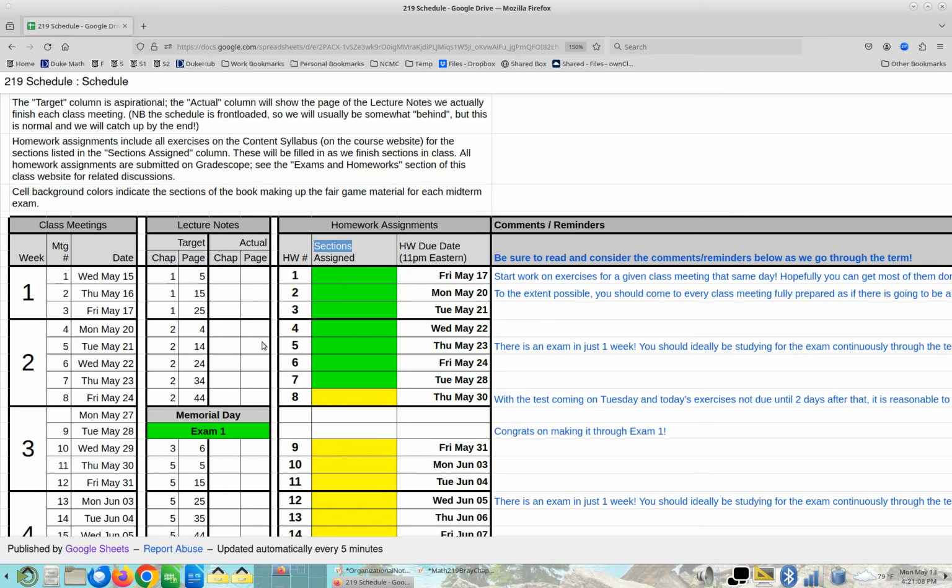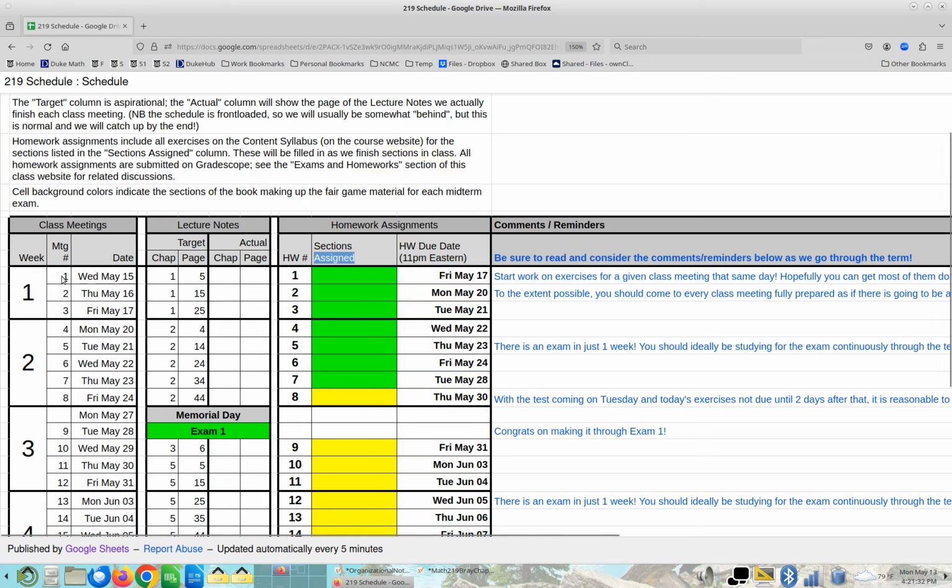And when we finish a section, or when we get close enough to finishing a section, then I will assign that section. And again, as previously noted, that means that those exercises listed on the content syllabus will be part of that homework assignment for that date.